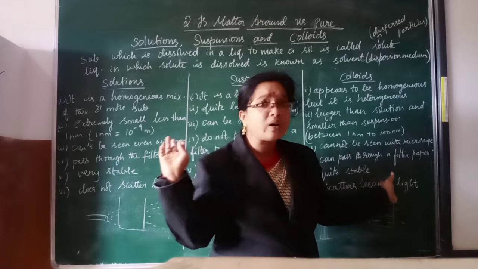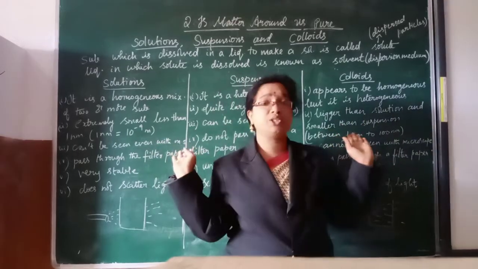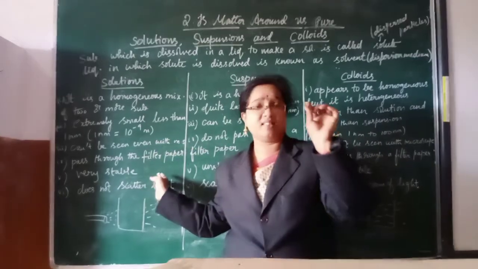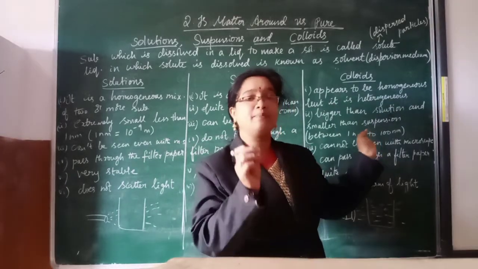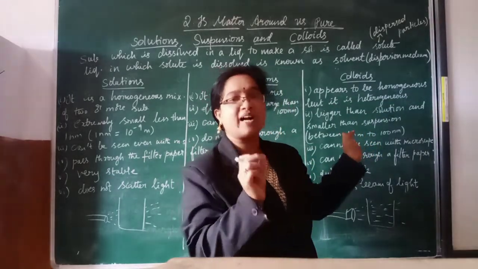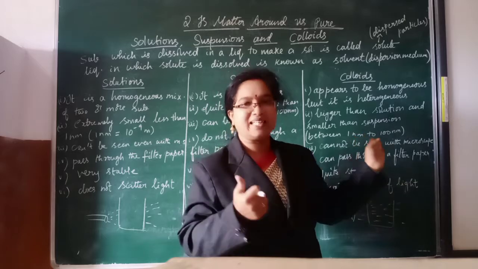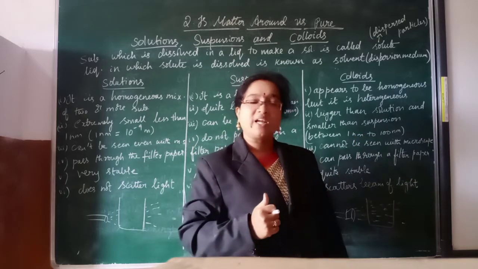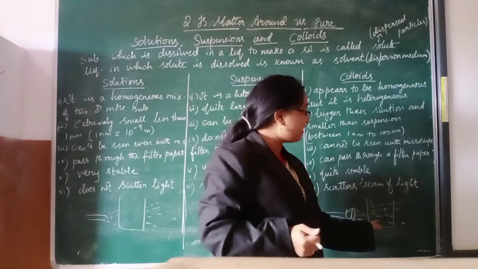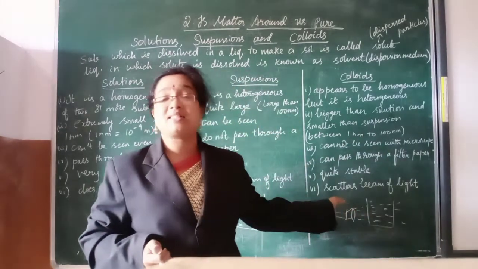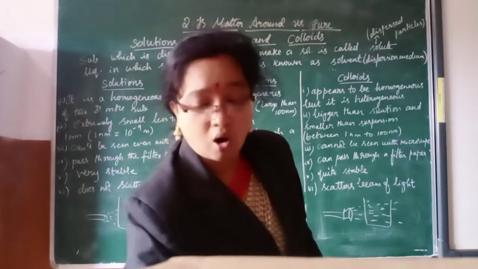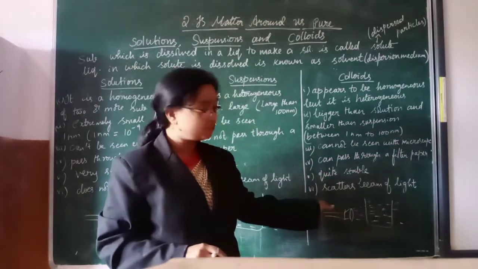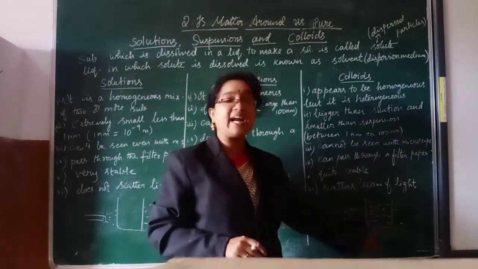So this is the only difference between colloids and solution: in solutions they are unable to scatter the light since the particles are very small, while in colloids they are able to scatter the light because the size of the particle is a little bit bigger than in solutions.